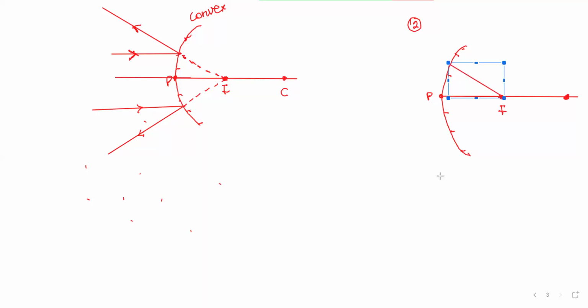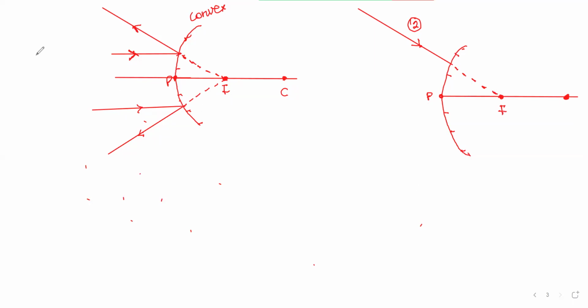So the ray coming from that distance appears to be passing through F. So this ray coming from above here must appear to be passing through F. F is virtual, so I use a broken line.